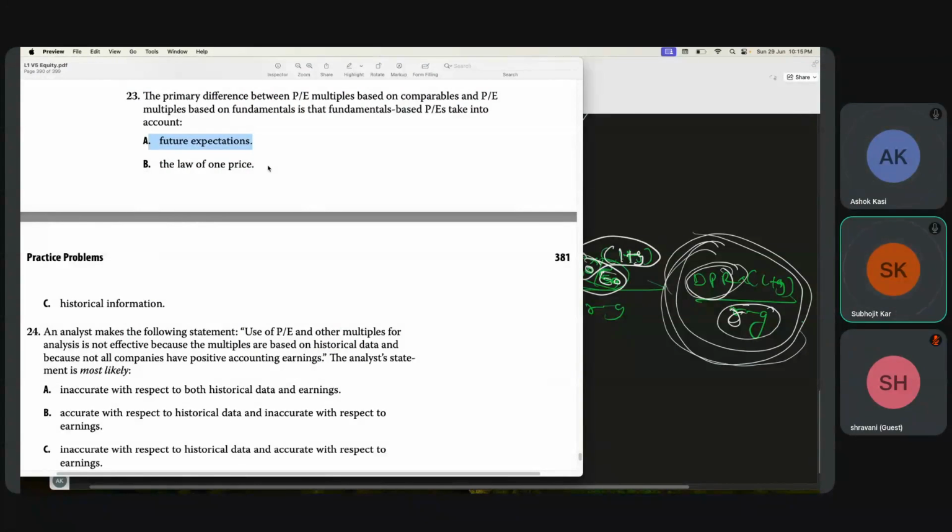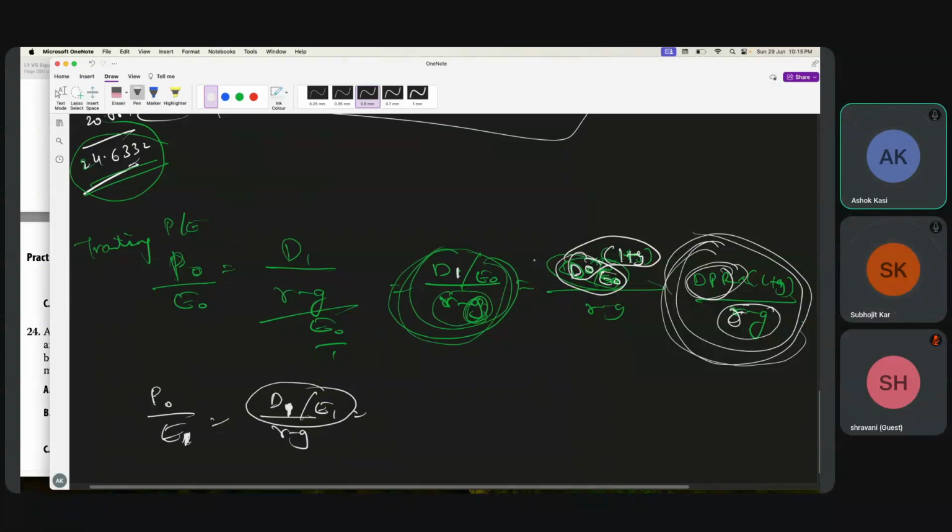What is the fundamental P? Fundamental means all these are fundamentals.